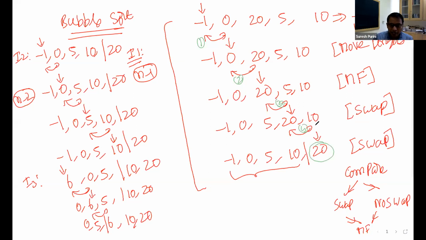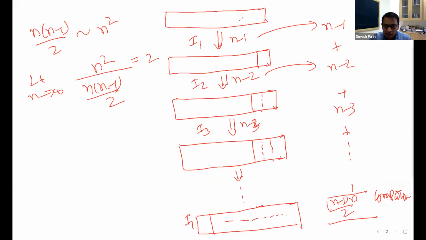And do you understand this time complexity analysis, that to bubble up the largest element we need n minus 1, and then in the next step within this list we bubble up the largest element, and we keep going on?